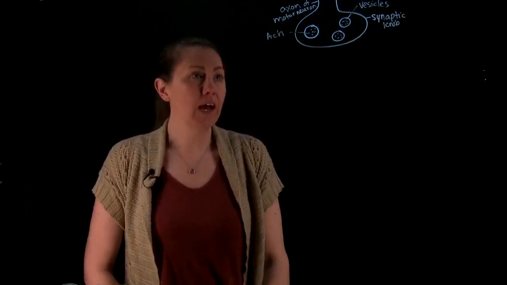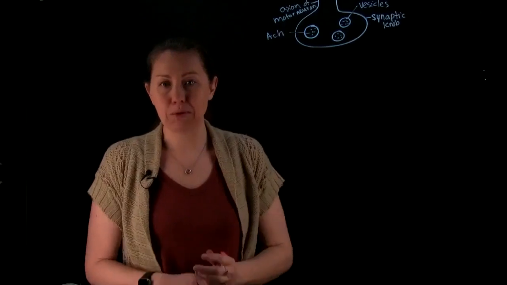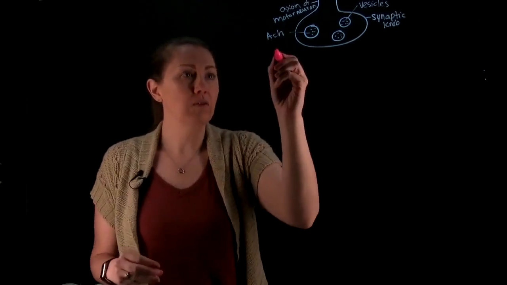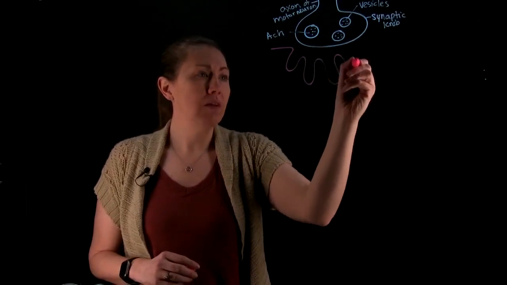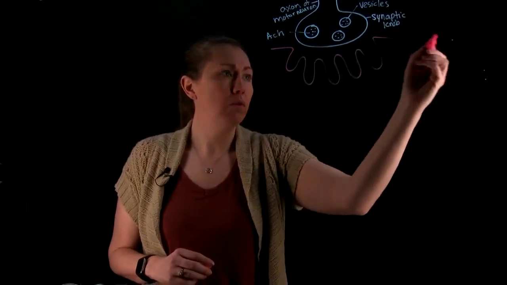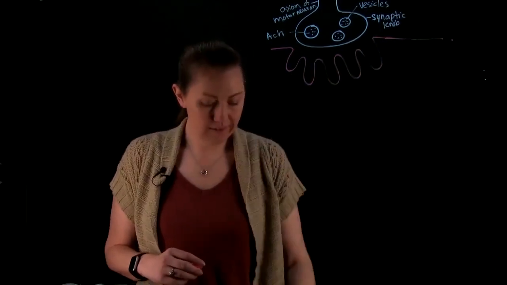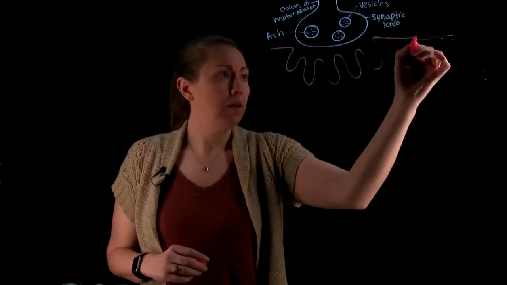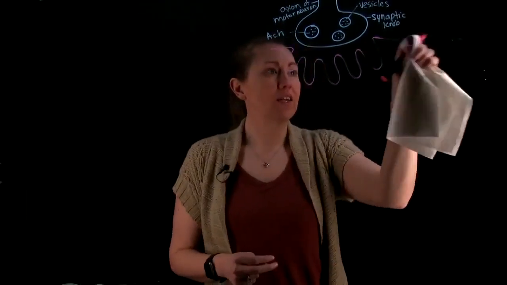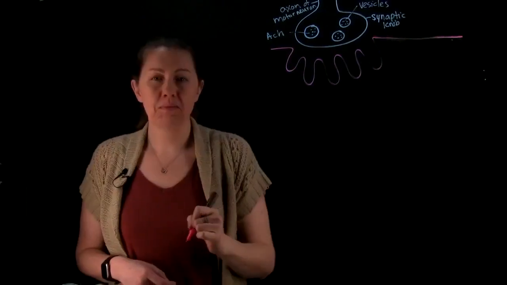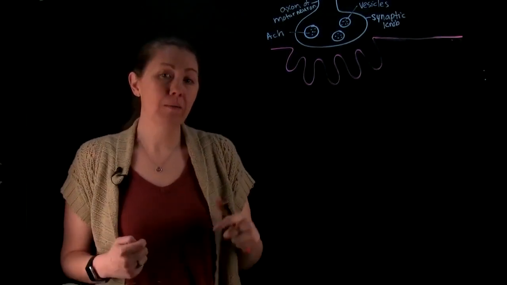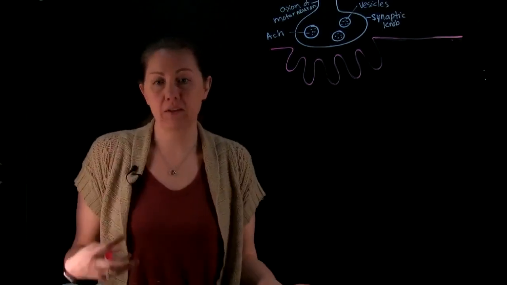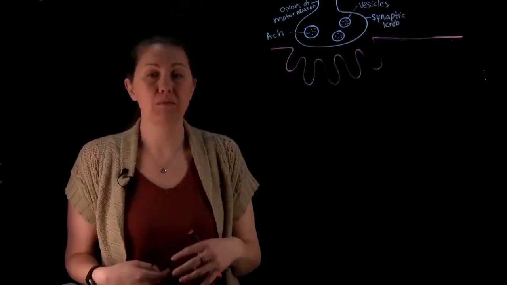So on the other side of a space, there's always a gap between these cells, they don't directly fuse to them, is going to be an area of the muscle where we're going to have a lot of folds. Ooh, that has a nice squeak sound. So here's our muscle cells. So it's going to be really big. So remember, when we're talking about skeletal muscle, these are giant cells that have actually formed from multiple cells merging together.